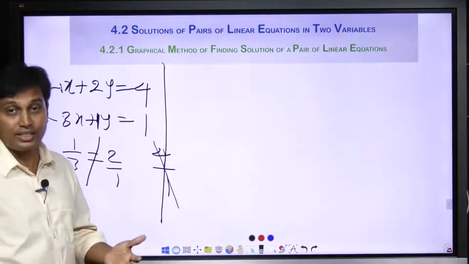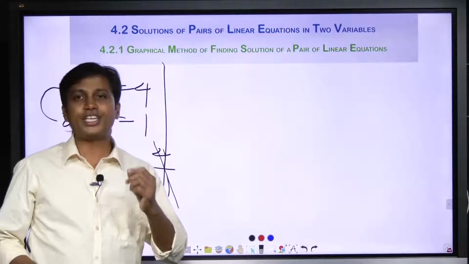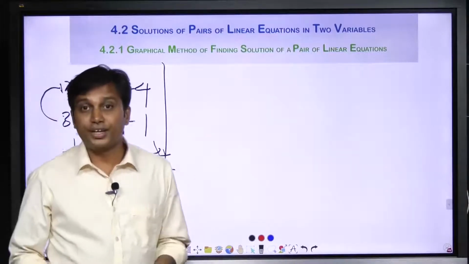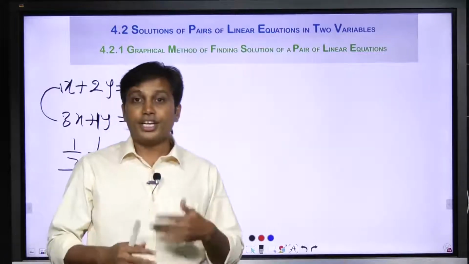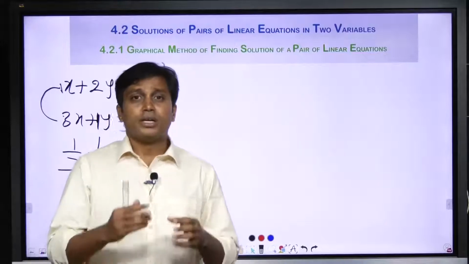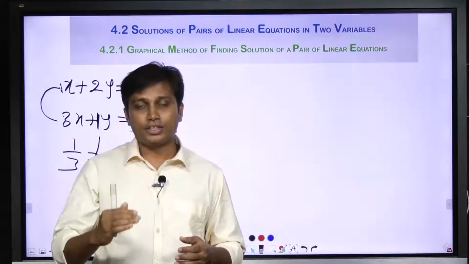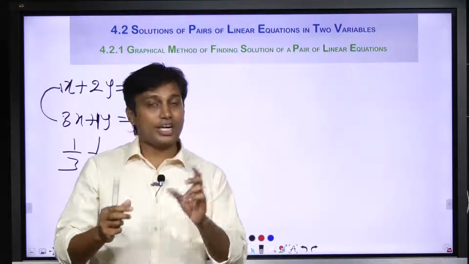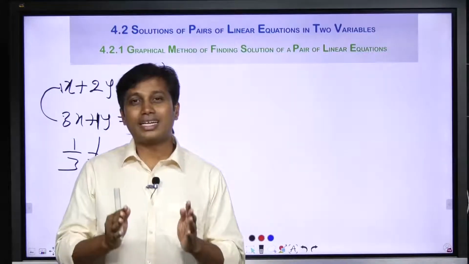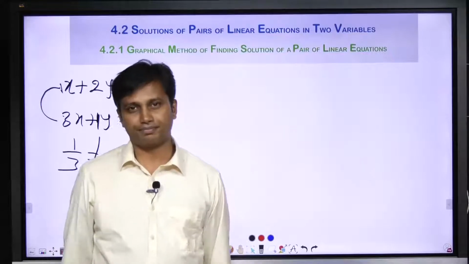This is the right test for checking whether consistent or not. If the ratio of coefficients of x and the ratio of coefficients of y are not equal, then those are called consistent equations.